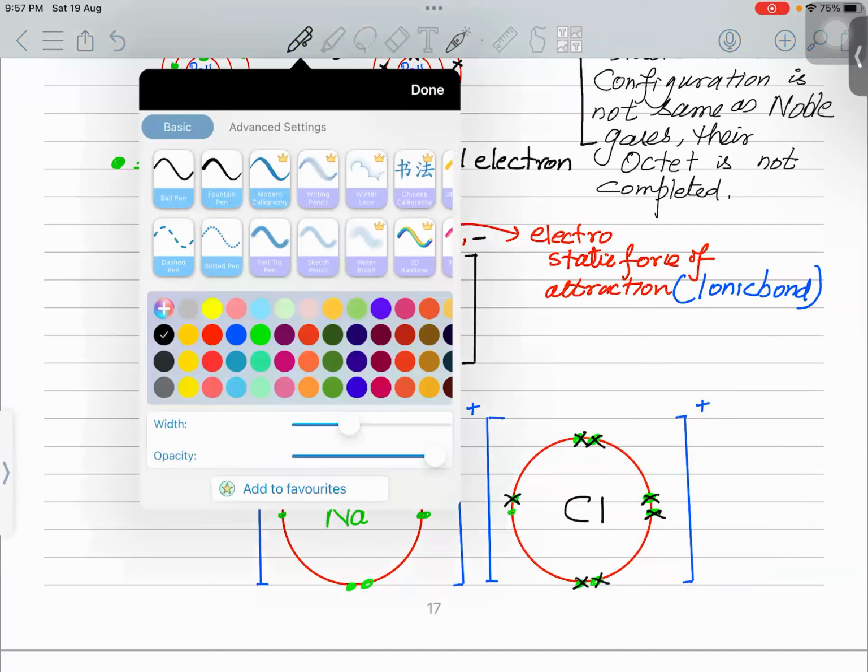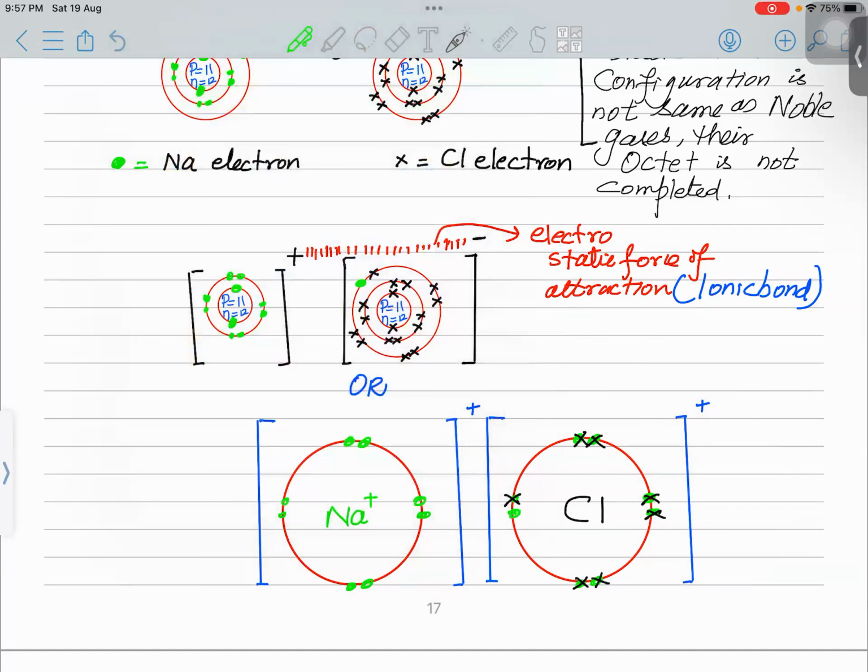So one electron is here. As a result, negative charge is there. This is called electrostatic force of attraction.